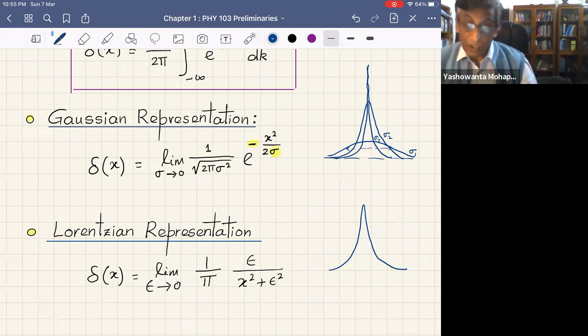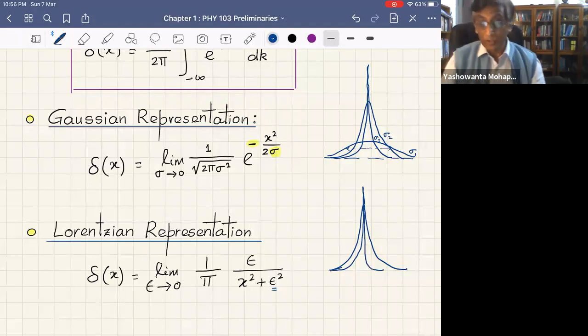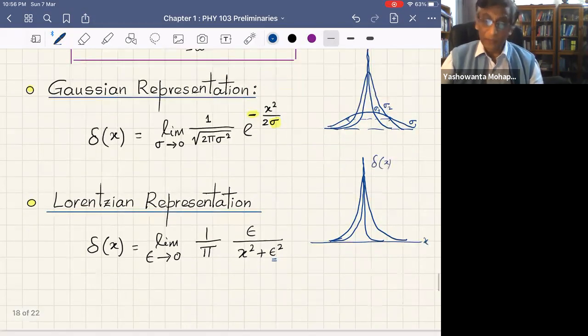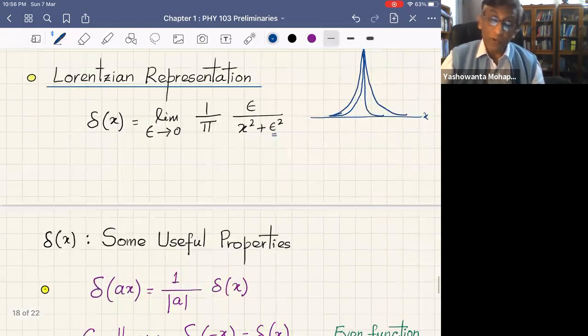There it is controlled by epsilon. If you make epsilon small, the Lorentzian shoots up almost to infinity and then comes down. So that can also be a sequence in the Lorentzian representation. Finally, as epsilon tends to 0, it becomes a delta function of x.